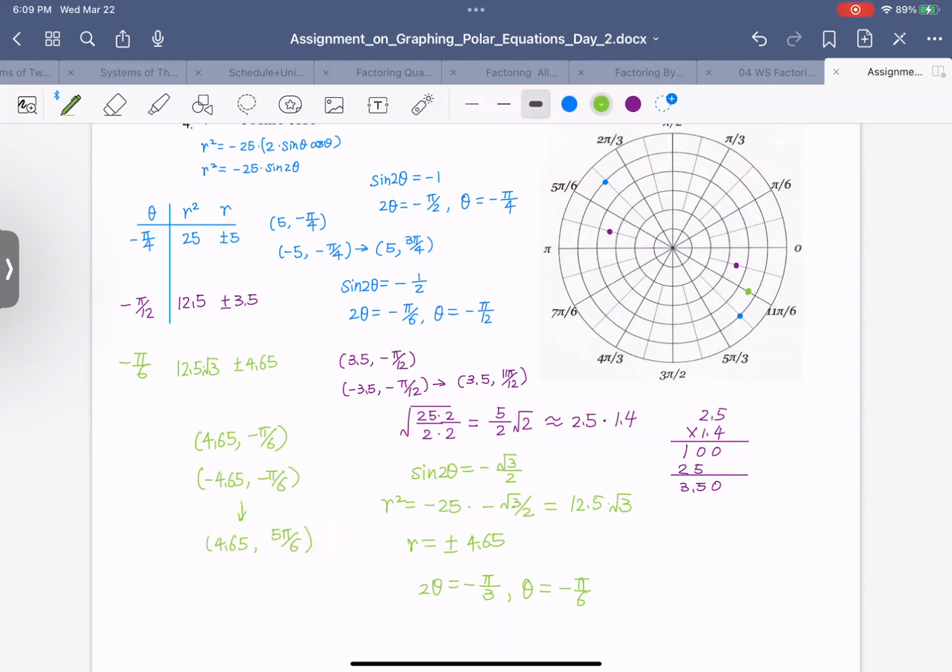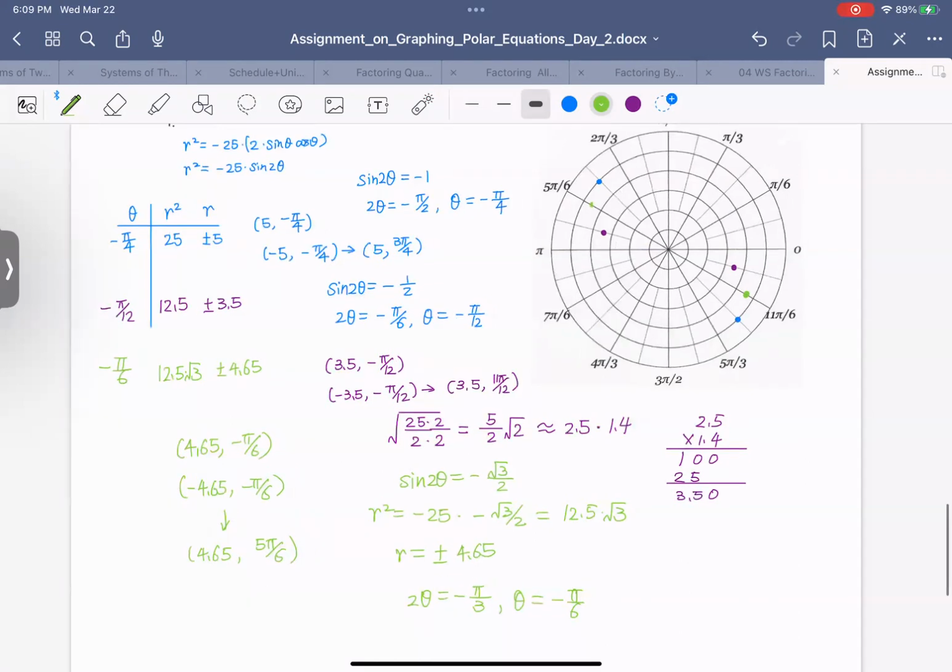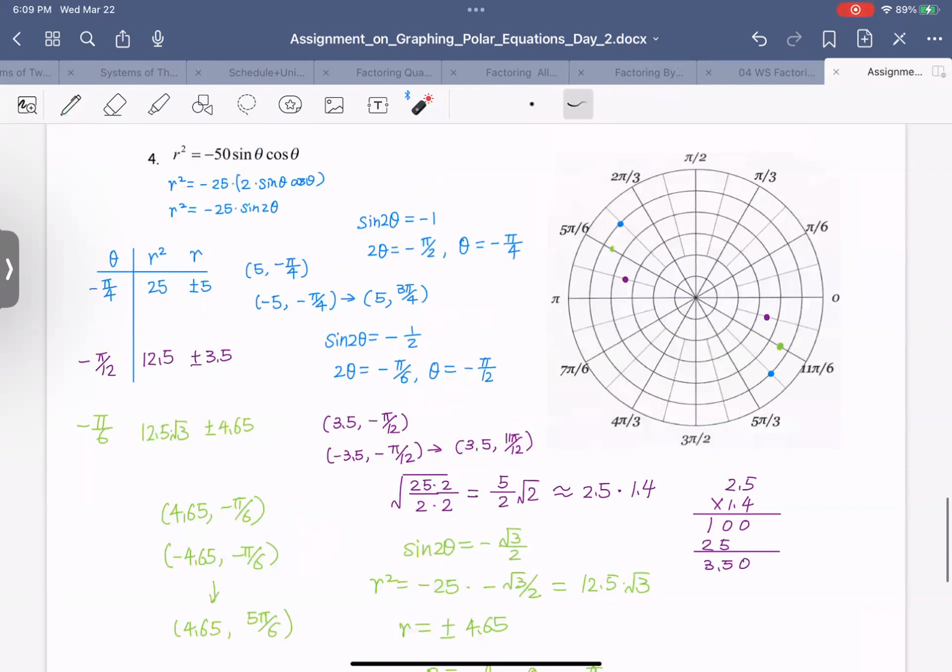When you have 5 pi over 6, 4.65, it's over there. Because this is the longest one, it has symmetry. So whatever the points, it's going to appear over here. That means you can connect them by the smooth line.